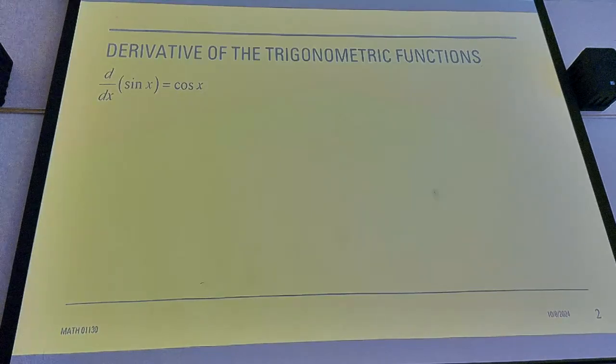For derivations, just watch the lecture video. Derivative of cosine, negative sine. The idea behind the derivation of these two uses the sum identity for sine and cosine, respectively.